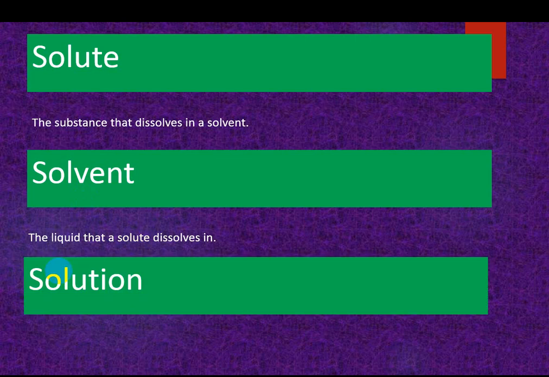And solution is the mixture formed when a solid dissolves in a solvent. So solute is a substance that dissolves in a solvent; solvent is the liquid that a solid dissolves in; and solution is the mixture formed when a solid dissolves in a solvent.